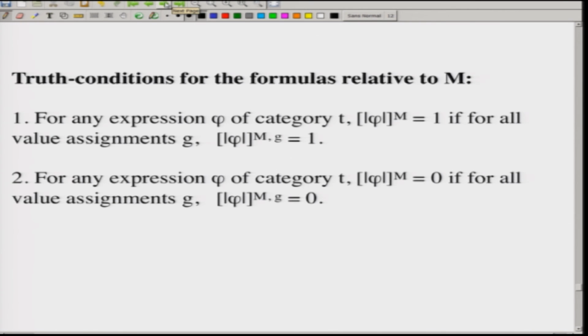Finally, whenever we have some g, we have to have these general rules, truth conditions for the formulas relative to m, because g has to go. When we start checking, g is the starting point, but we touch upon all g primes and g double primes and all that stuff, we get back to g, but there could be anything. We could start here.